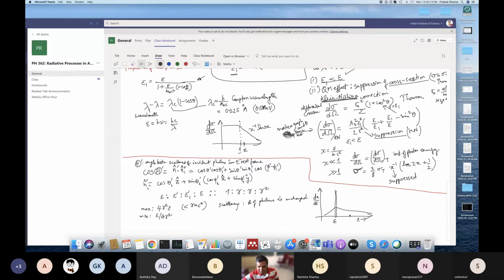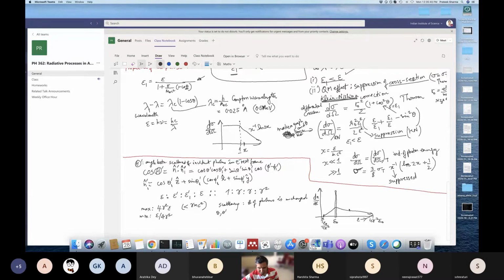The area is still the same, but this is broadened because of all these possible values of theta and theta prime and so on. So this spectrum gets broadened and it has a maximum cutoff at 4 gamma squared epsilon, and it has a minimum cutoff at, let me call this epsilon naught, epsilon naught by 4 gamma squared, right?